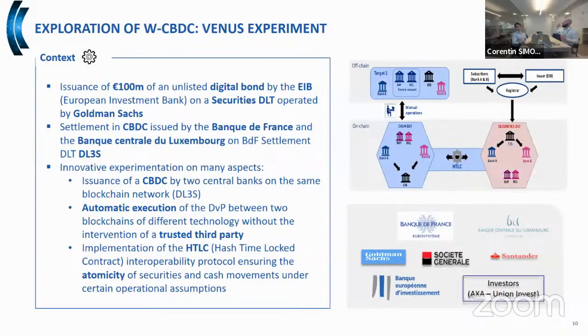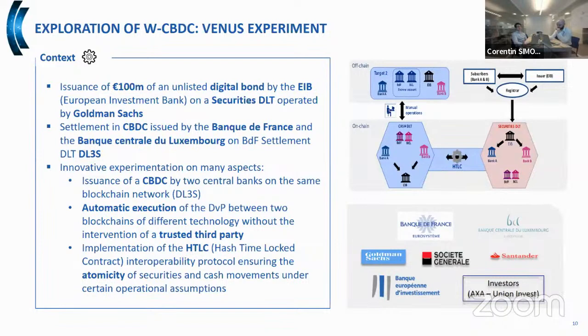You can see at the bottom right the full list of the participants of this experiment. In addition to the already mentioned participants, there are the Société Générale and Banco Santander commercial banks. Société Générale contributed to the experiment as a custodian and Banco Santander as an investor. The other investors were AXA and Union Investment.